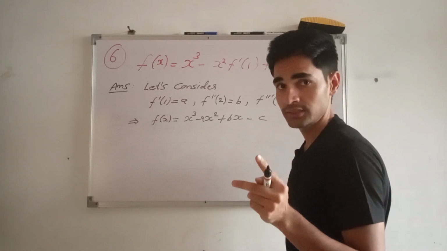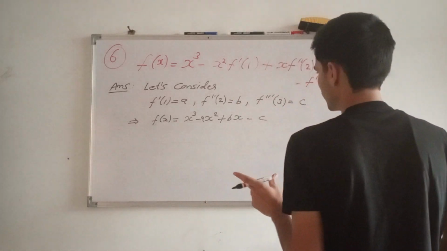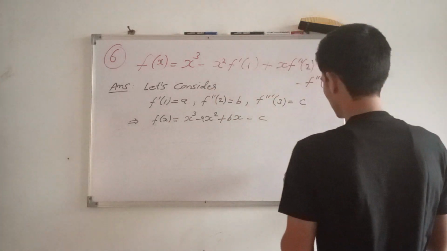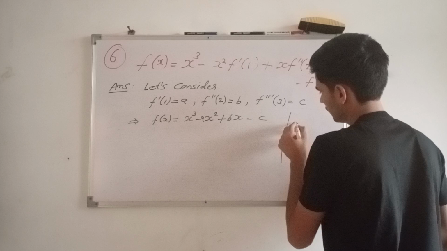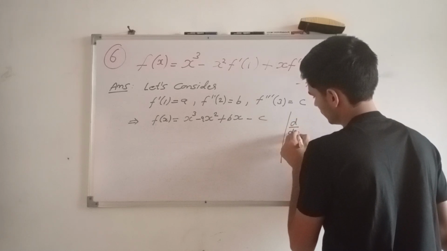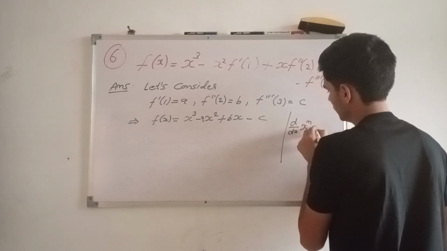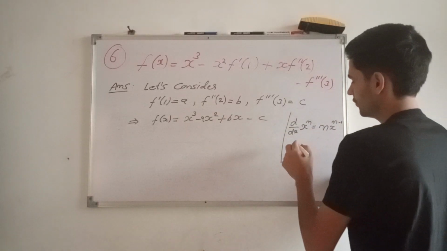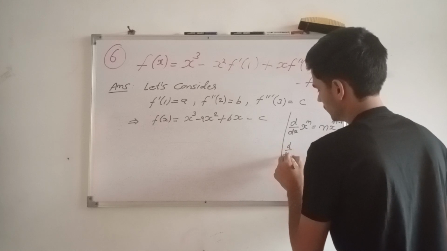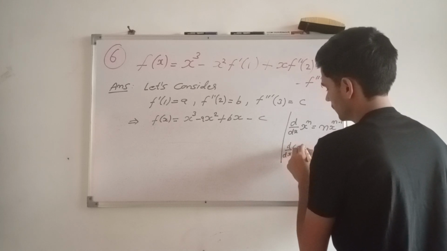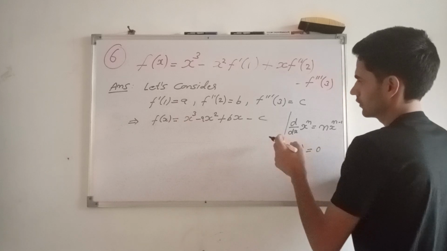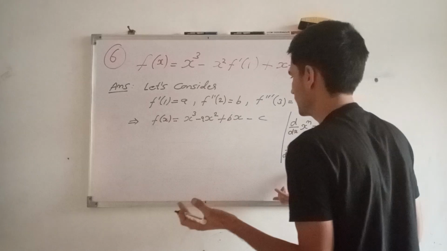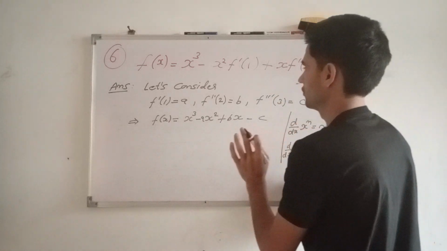So if we can get three equations, then we can find three variables. Now let us differentiate f(x). The general derivative is d/dx of x to the power n equals n x to the power n minus 1, and the derivative of a constant is always 0. It is any constant, it could be anything. So the derivative of a constant is 0.